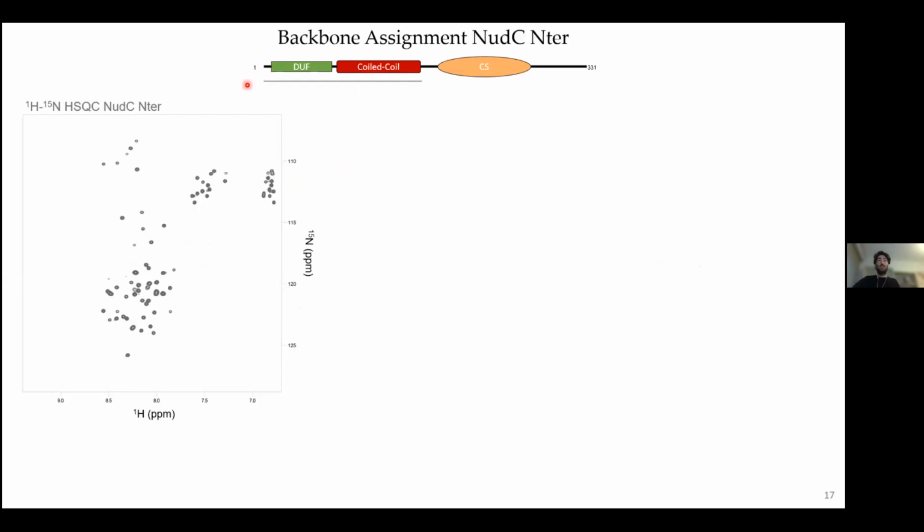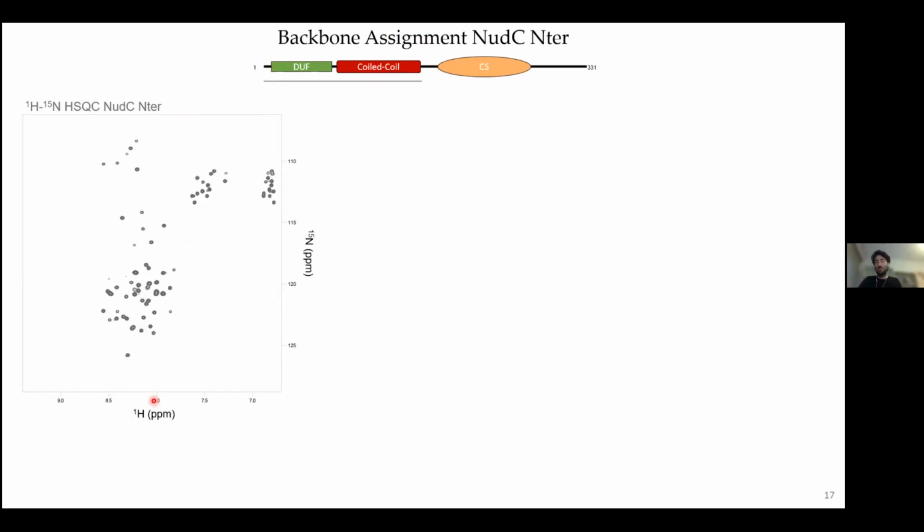So we did NMR spectroscopy on this. This is an NMR spectrum of the first half of NOTC that you can observe here. For those of you that are not familiar with NMR spectroscopy, on the spectrum each peak corresponds to a proton bound to a nitrogen.